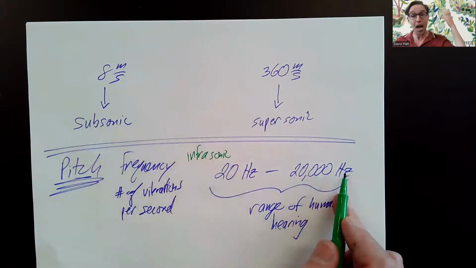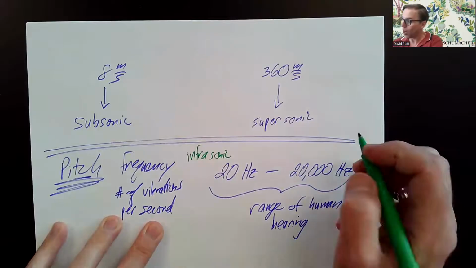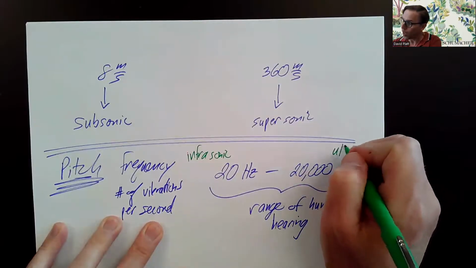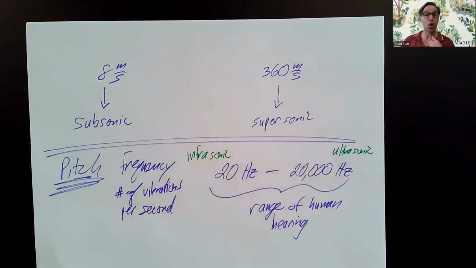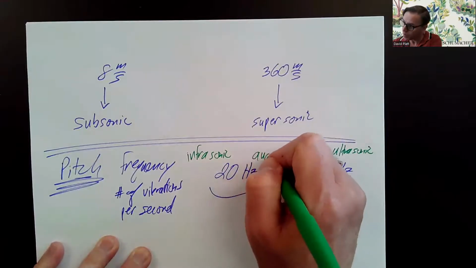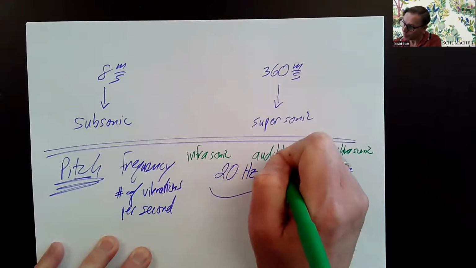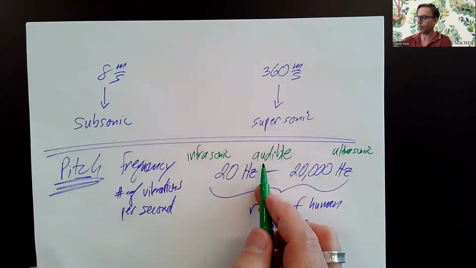And if something is too high pitched for you to hear it, then we call that ultrasonic. And so something that is ultrasonic for me that I can't hear might not be ultrasonic for you. And then of course, something that we can hear, we call audible, meaning able to be heard.